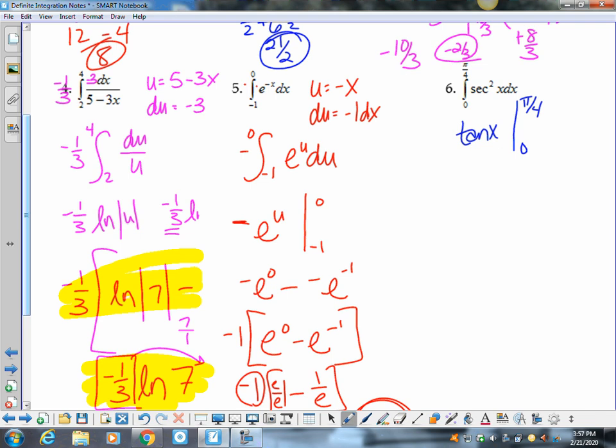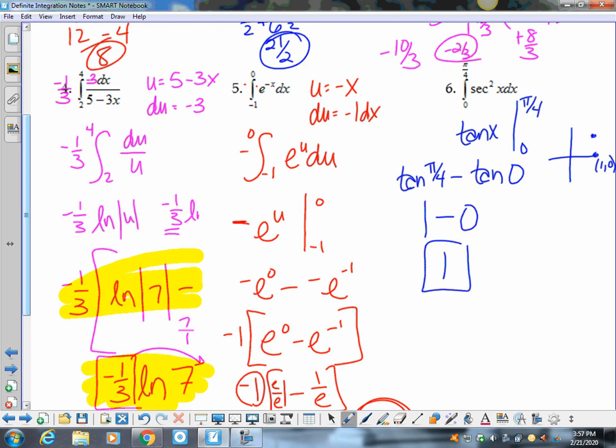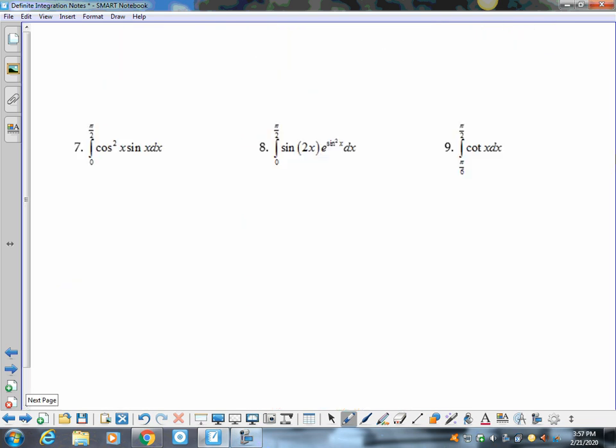And I'm going from 0 to pi over 4, so I have tangent of pi over 4 minus tangent of 0. Pi over 4, that's the root 2 over 2, root 2 over 2, so tangent of that would be 1 because it's y over x. And then tangent of 0 is y over x, so that would be a 0, which is 1.